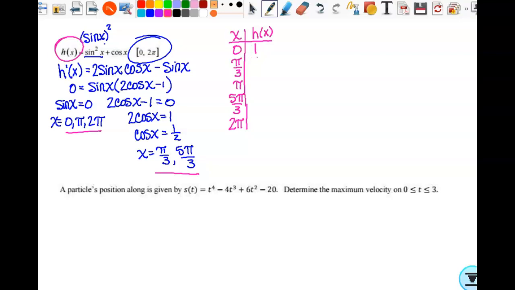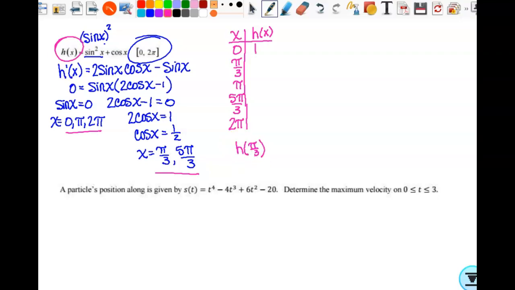What is the sine of pi thirds? Square root of 3 over 2. But then I have to square it. So that gives me 3 over 4. Okay, so let's write this out. We have h of pi thirds.